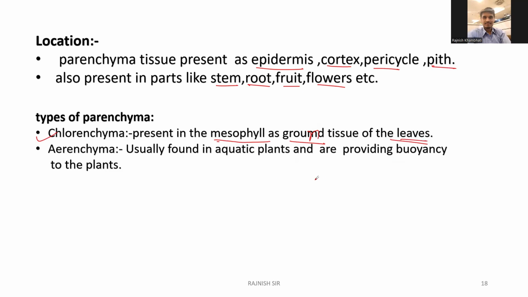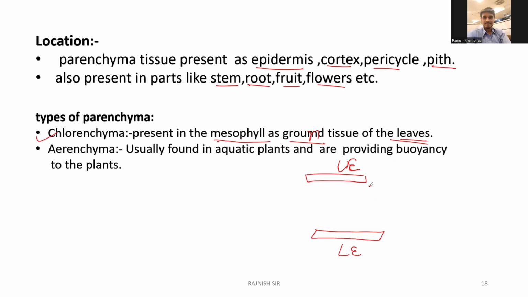Now let me make this clear. Like this is the leaf, for example. This is the leaf's upper epidermis, and this is the lower epidermis, means upside and downside.